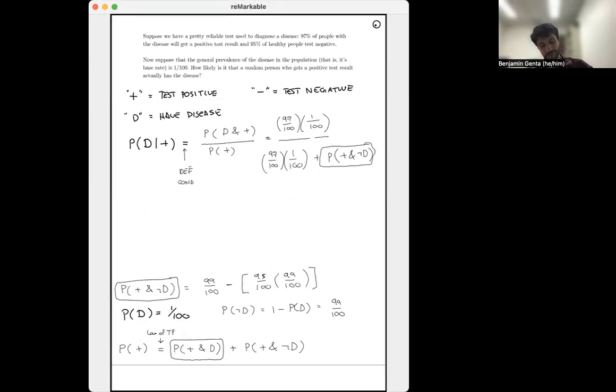So we know that the probability of having the disease, we'll just put in this long equal sign, is equal to 97 over, well, 100 times 100 is 10,000, over 10,000 again, plus, well, the thing we found out here, which is 99 over 100 minus 95 times 99 over 10,000.